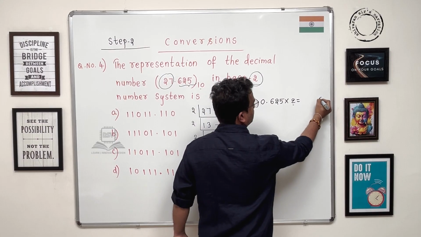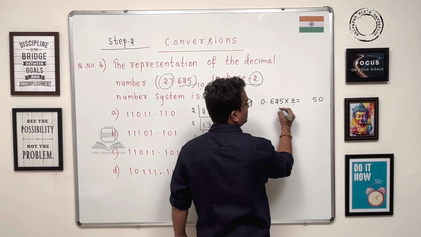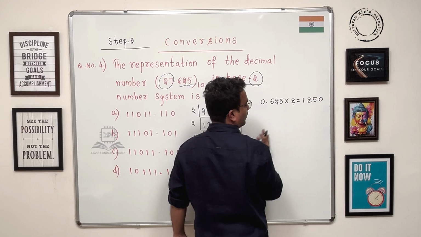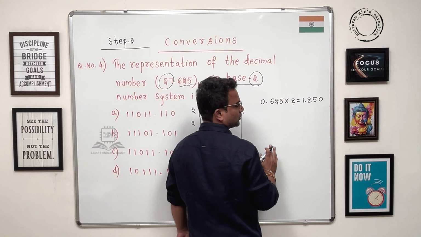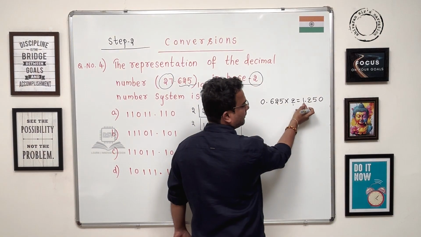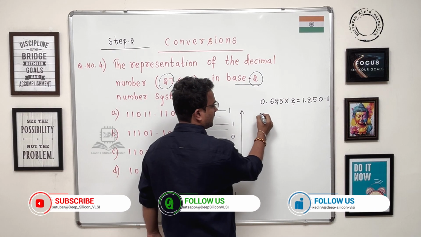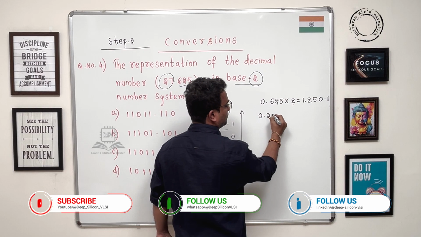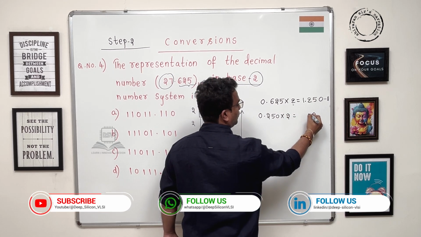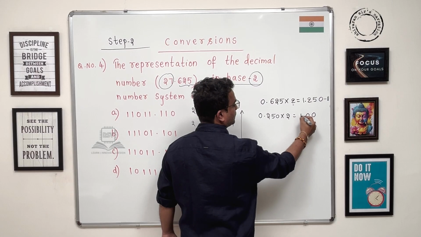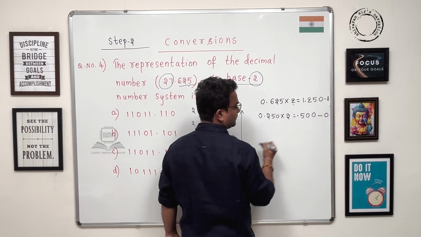2 5s are 10, 2 2s are 4, 5, 2 6s are 12. Okay? So with 3 decimal places, it's 1.250. So here the integer value is 1. You can write it separately as 1. Similarly, 0.250 into 2 is 0.500, so the integer is 0.